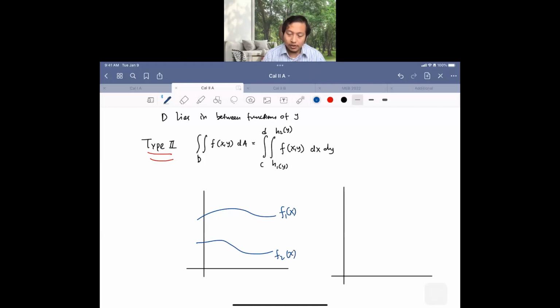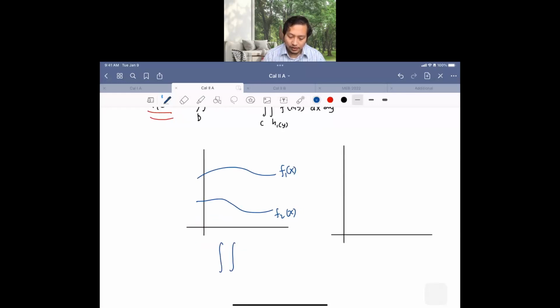So we will have a function of x, and then we have our function, let's say g(x, y). And this will be dy dx, and this x is the x that you are going to evaluate, for example, from a to b. So a, b, like that.